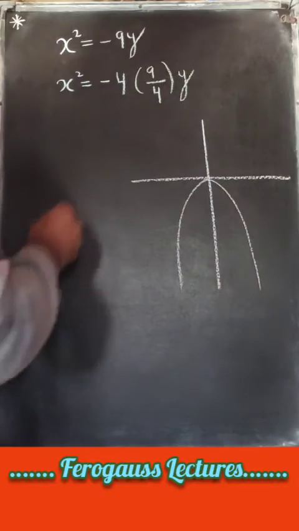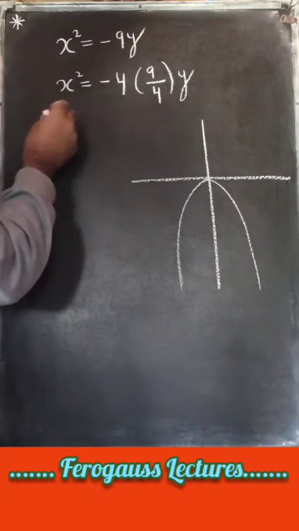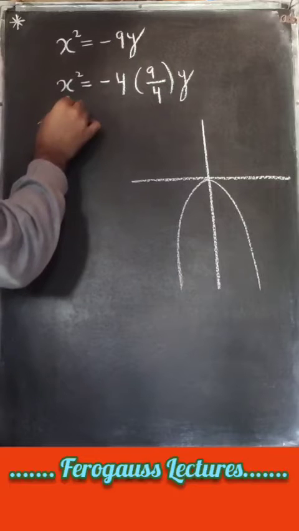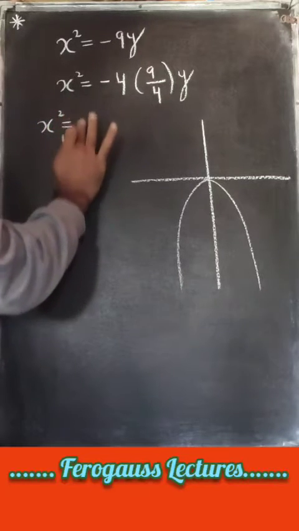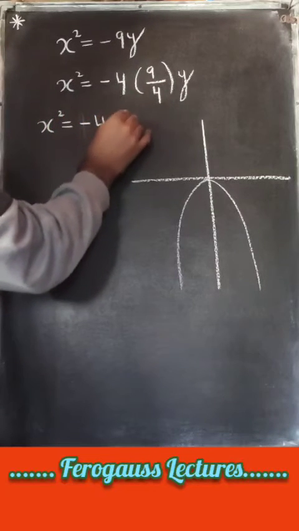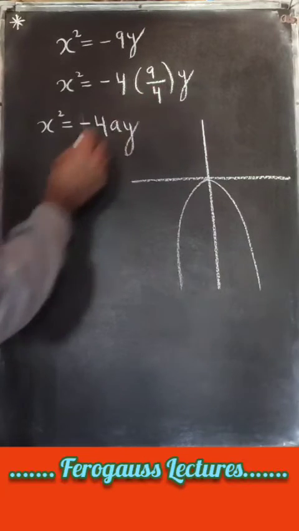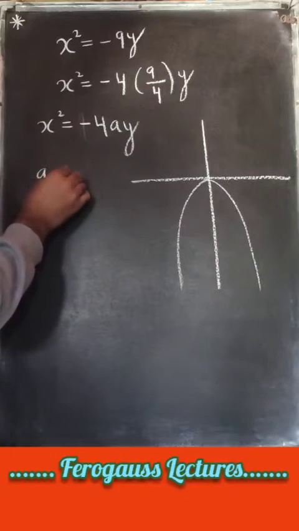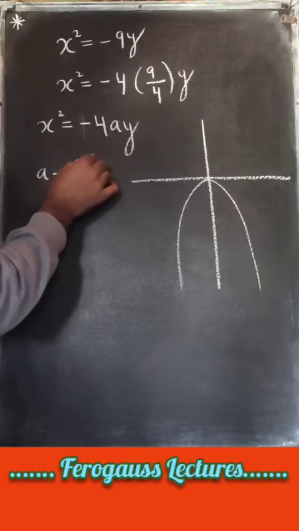Okay, now if we compare this equation with x square equal to minus 4ay, then a is equal to 9 by 4.